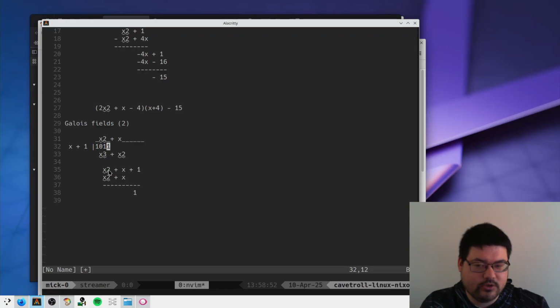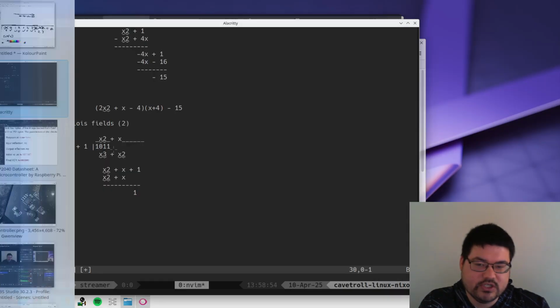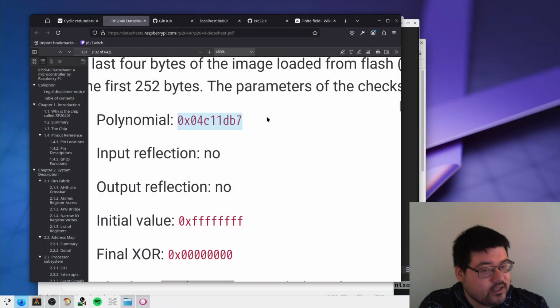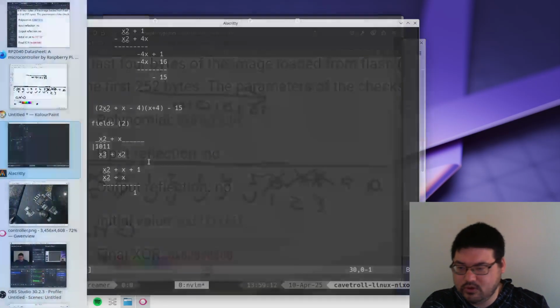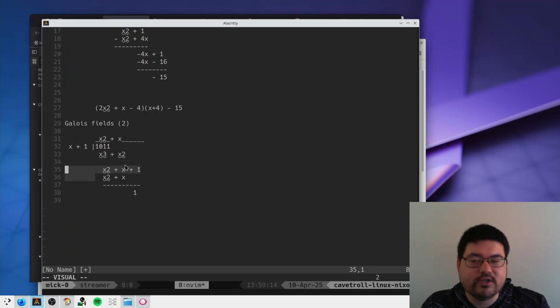So CRCs are doing a polynomial division, representing a big polynomial as a set of bits. And what this lets you do is the long division, but all of your subtractions in this long division world are the same as XORs, right?